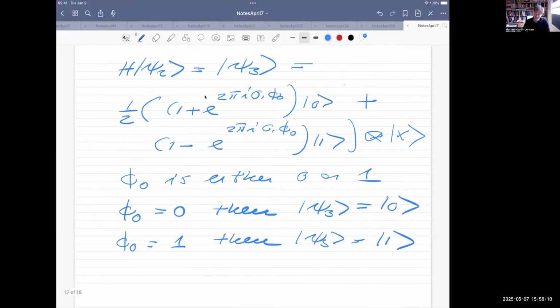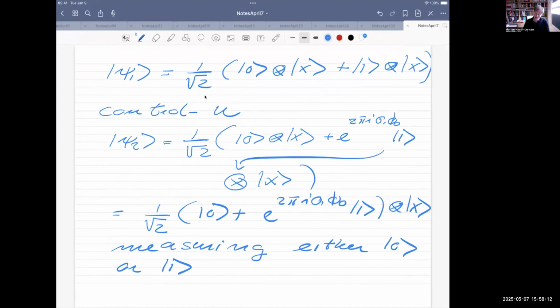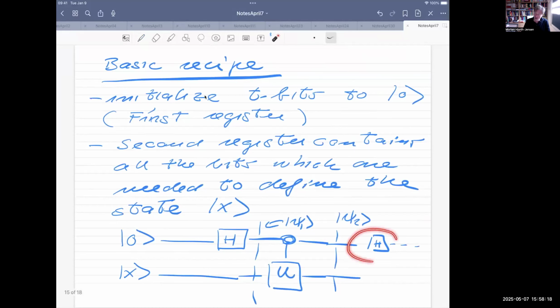Now, if you go back here a little bit and look at the graph we made, there's a reason why we have just a Hadamard gate here. The reason is that we have only one qubit. So your Fourier transform for one qubit reduces to just a Hadamard gate.